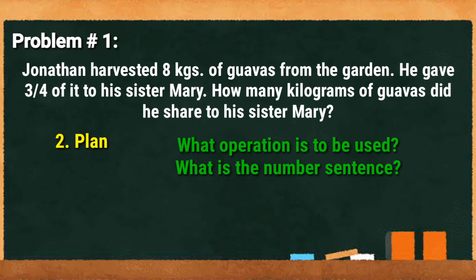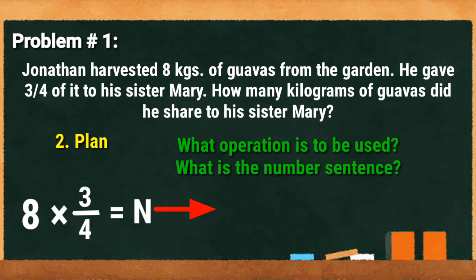So we are going to write the number sentence for the problem, that is 8 times 3/4 equals n. What is n here? N here is your product or the answer of multiplication, or this is the unknown number that we need to find.